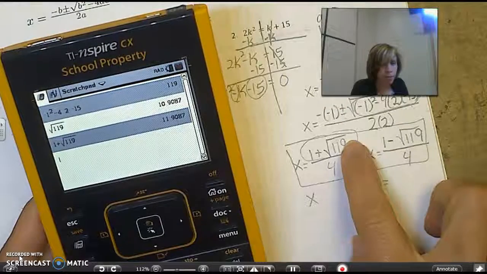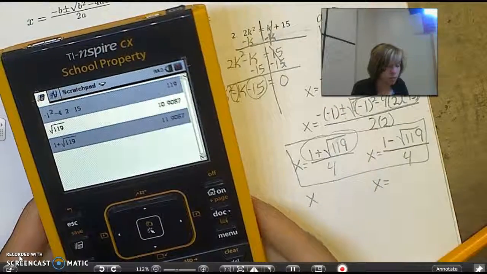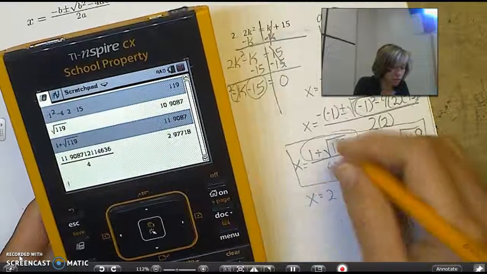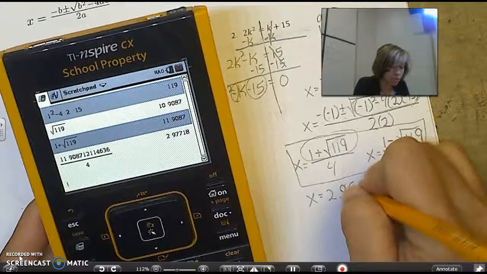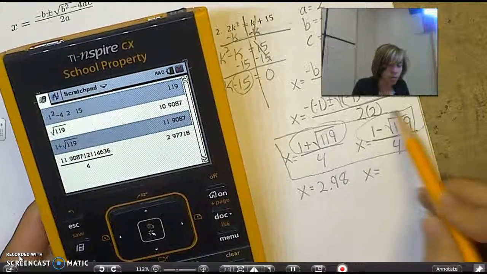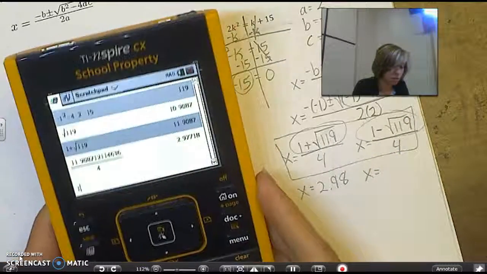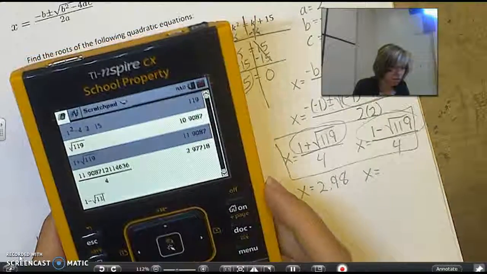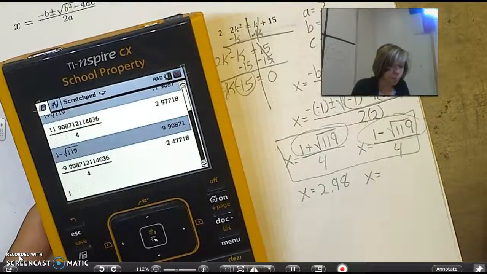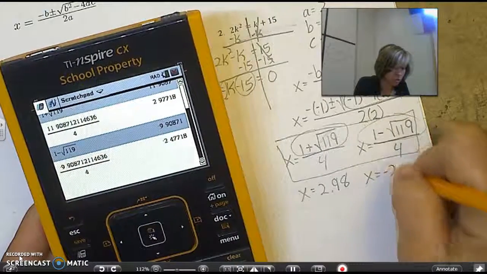Now take that number and divide it by 4. And what you get is your decimal for that root. So 2.98 here. And now I'll do this one: 1 minus square root of 119, all divided by 4. This becomes -2.48.